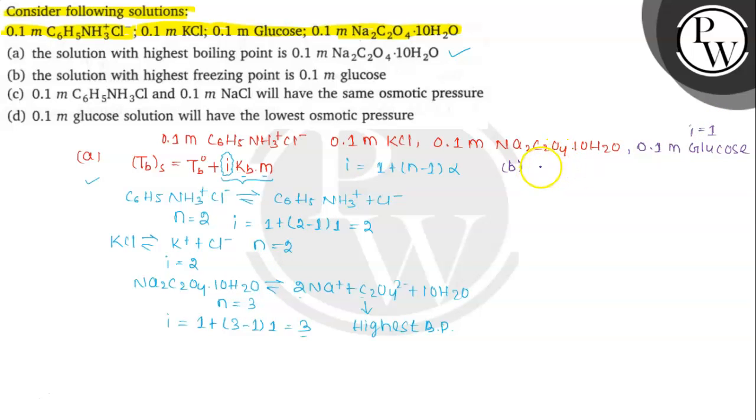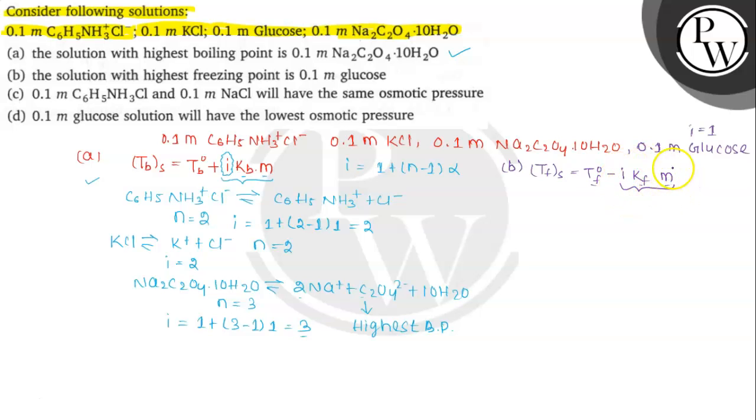We will see the freezing point. The freezing point of the solution is the freezing point of the pure solvent minus i into Kf, the cryoscopic constant, into molality. So this remains constant, this remains constant, this remains constant. Now it only depends upon the van't Hoff factor.